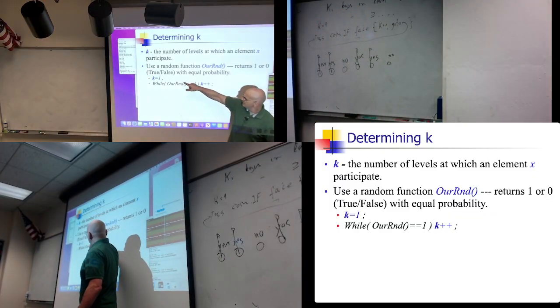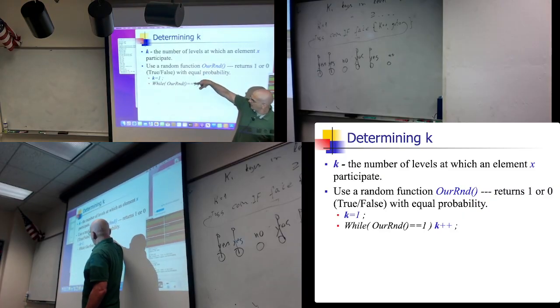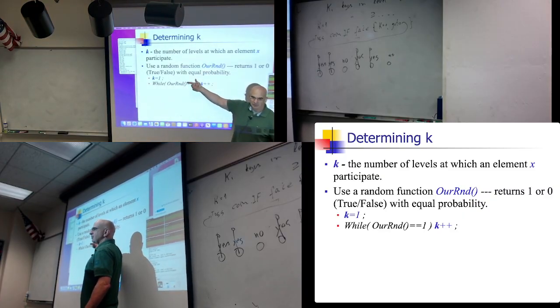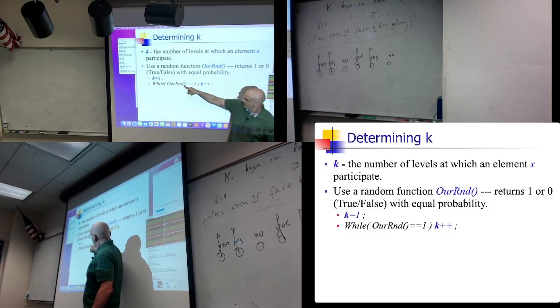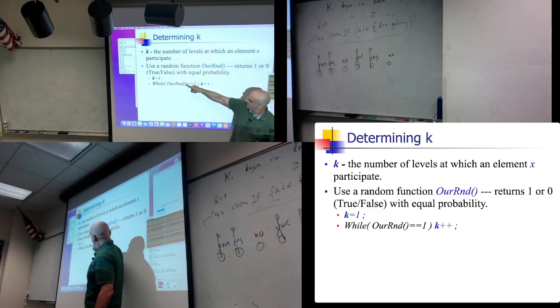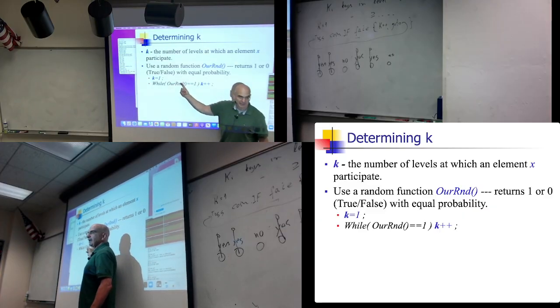OK, back to this case. If everybody understood my analogy with a coin, how do I do it in my computer? One pseudocode that I suggested: you pick a random number that is either 0 or 1 with probability half and half.